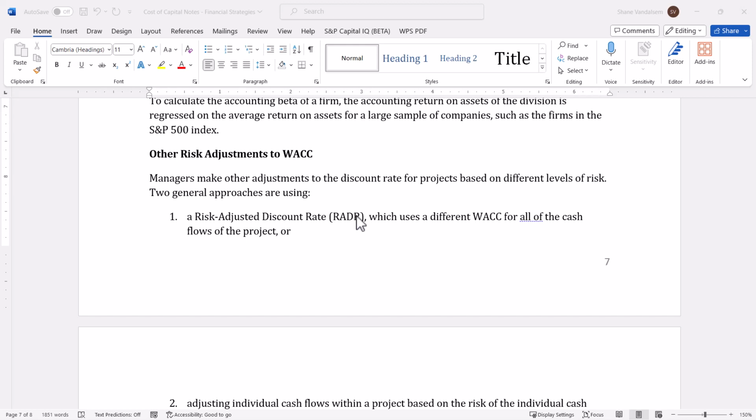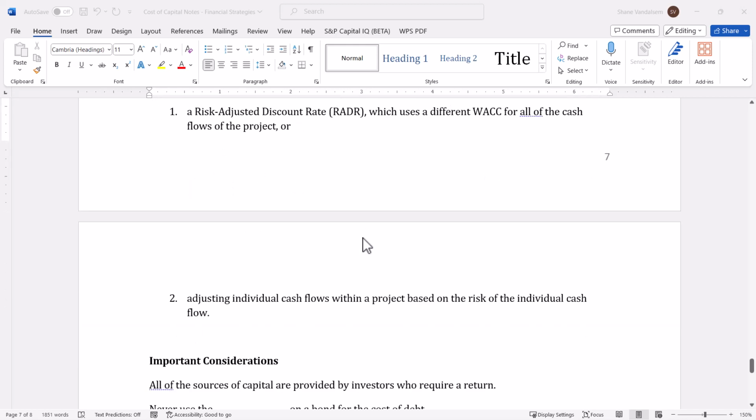Another approach is, rather than looking at all of the cash flows for a project as being riskier or less risky than average for a company, to look at the individual cash flows within the project. You might have a project where, at the end, you're going to sell a piece of equipment off. That cash flow from the sale of the equipment may be riskier than the cash flows for the first year of the project, because it could be several years out.